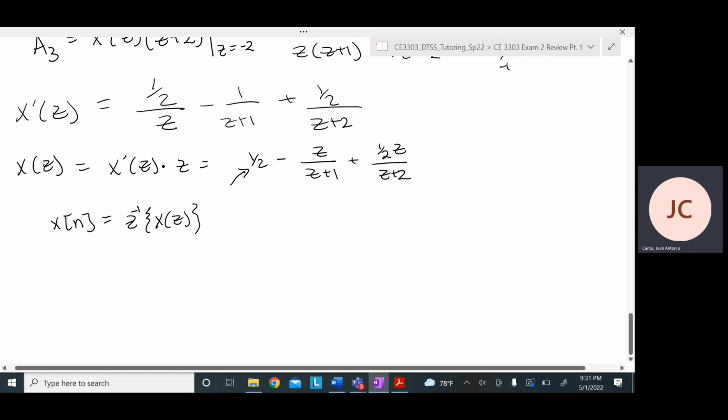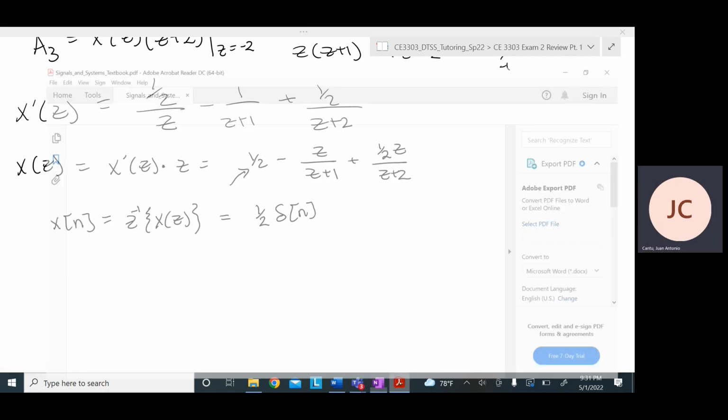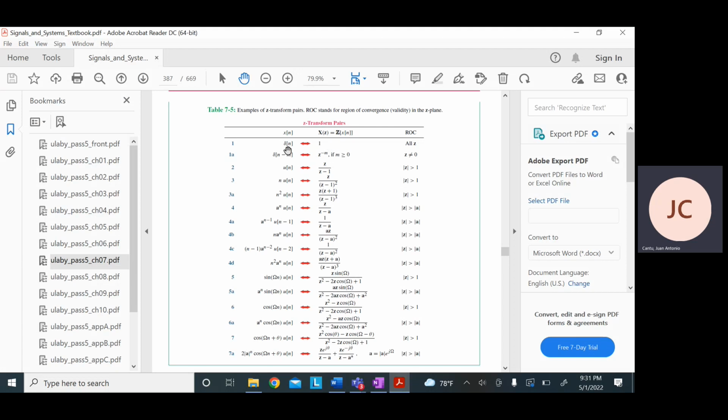And we take this inverse z transform of all of these using our table. So the inverse z transform of a constant is just that constant times the delta function. We look here. We have 1 is the z transform of the delta function. So if we have 1/2 times the delta function, our z transform will just be 1/2, which is what we do here.